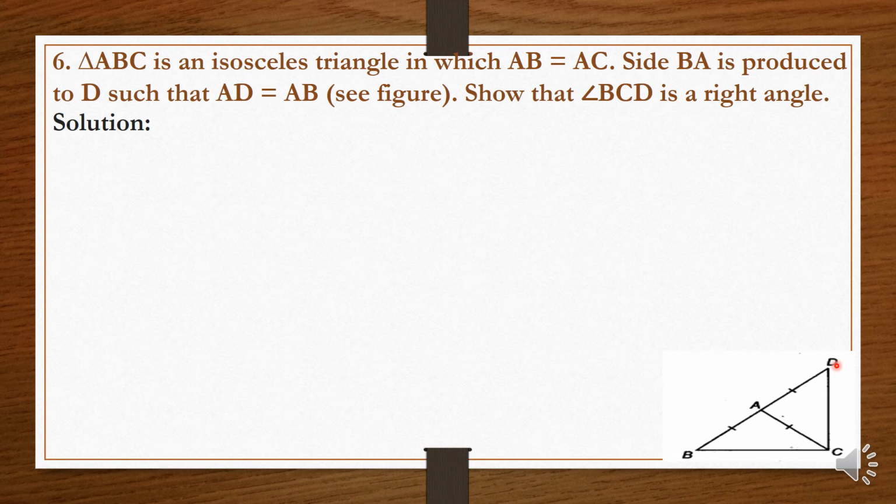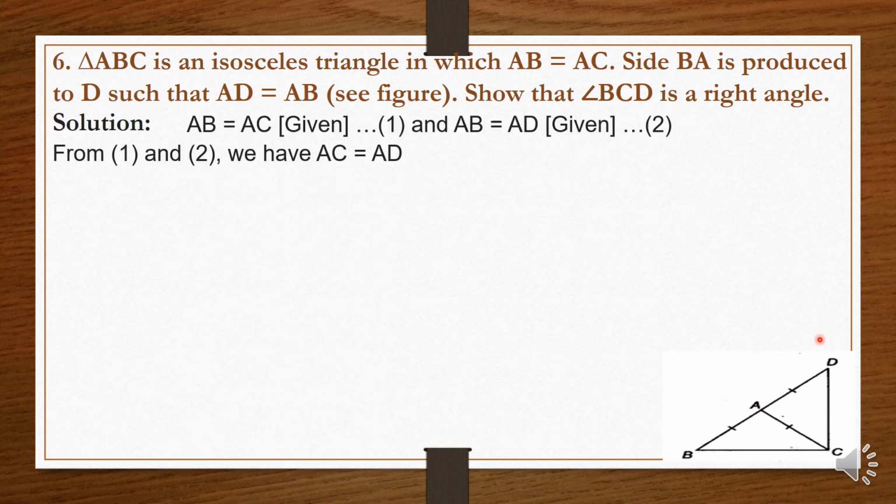As a matter of fact, both of these sides are equal to the same thing. So we can say that AB will be equal to AC and that will be equal to AD as well. So we can write AB equals AC as equation 1 and AB equals AD as equation 2.